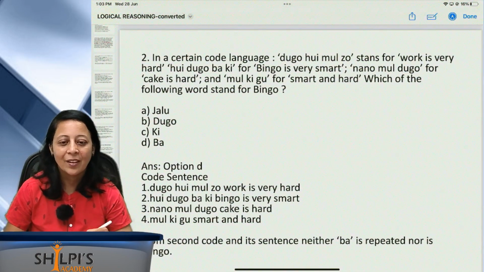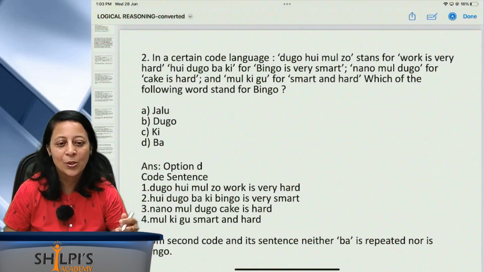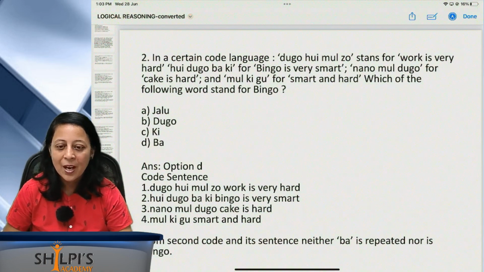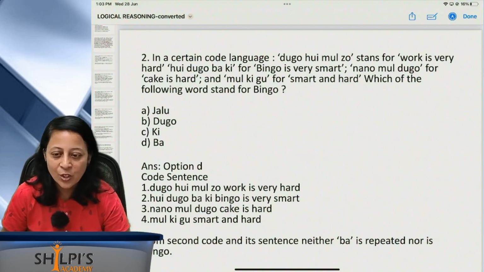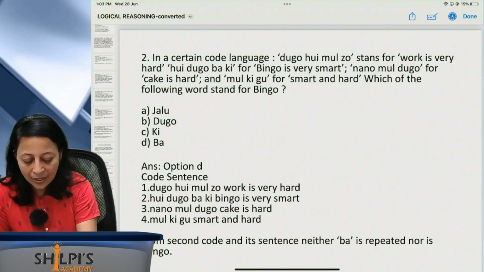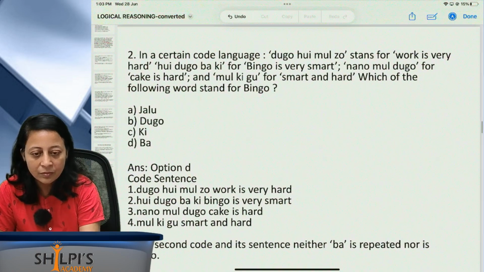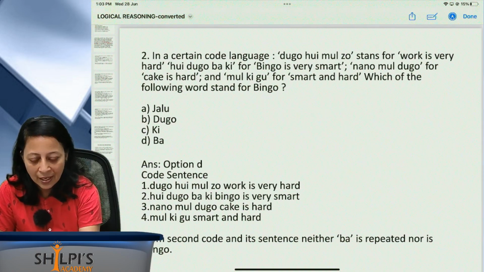Likewise here, they have given something like do go, hue, mul, zo, for work is very hard, and hue do go, it means go is very smart. Now, what they are asking is which of the following words stands for bingo? Well, when they give you such words, first compare 2 words.